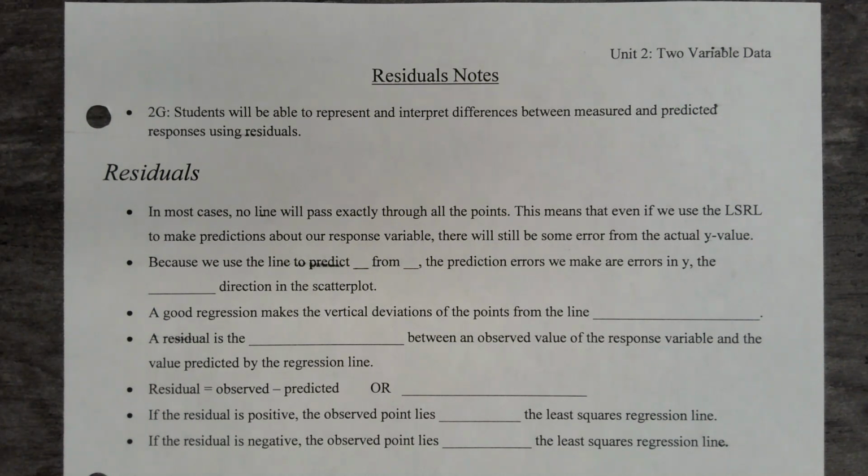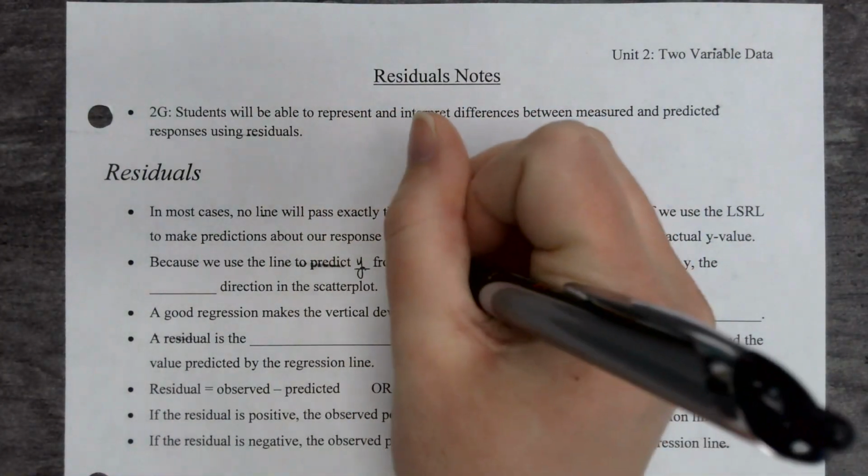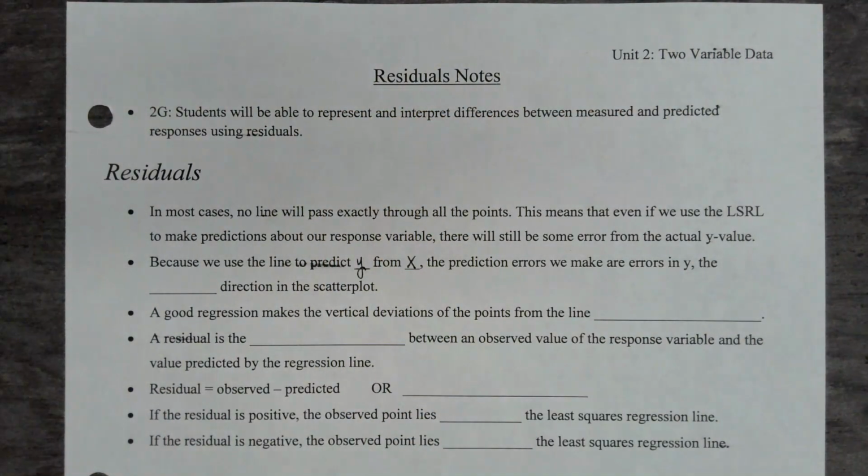our prediction values from our least squares regression lines, from our response, that still have some error from our y values. So because we use a line to predict our y from our x, the prediction errors that we make in y are in the vertical direction.